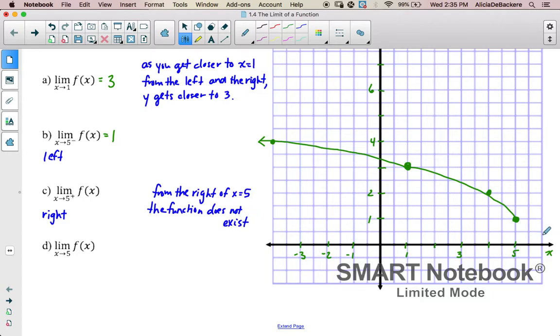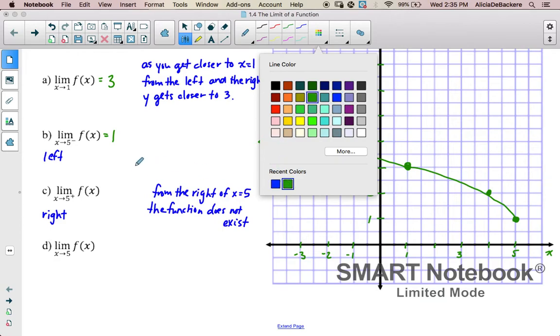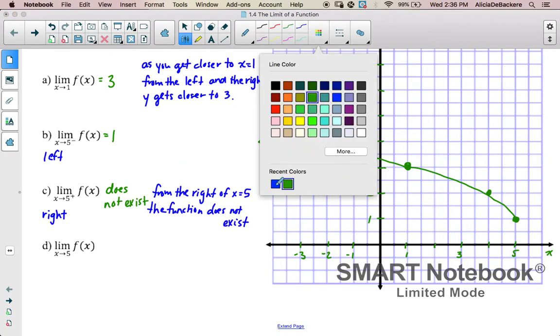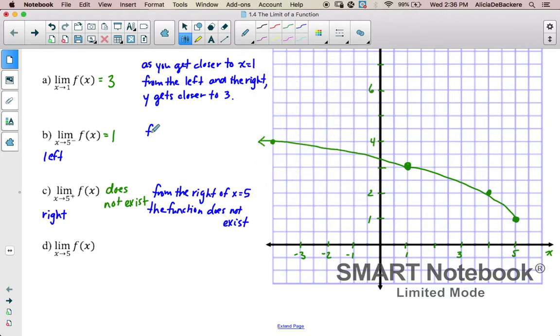Like if I went over here to like 5.1 or 5.2, the function doesn't exist for me to slide in closer. And so this limit also does not exist. Just going back to this one up here, what I was thinking was from the left of x equals 5, y gets closer to 1.